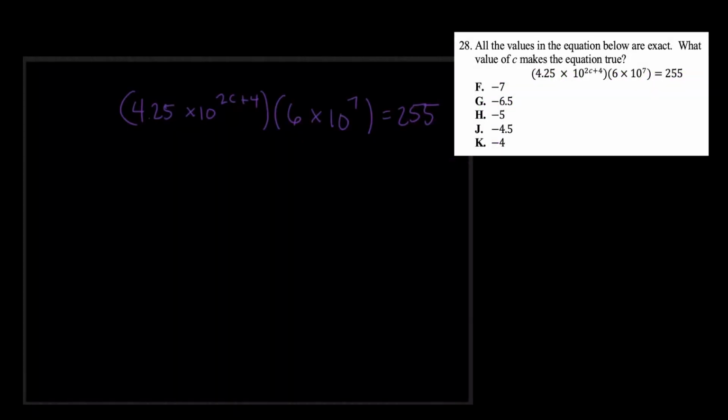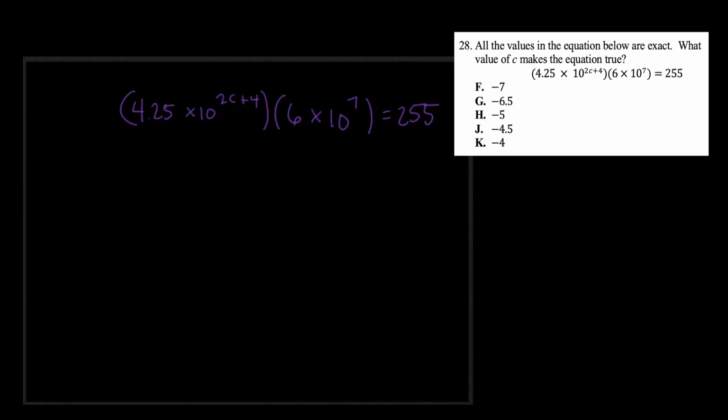This third problem involves some rules of exponents along with scientific notation. There are many approaches to solve this kind of problem, and I encourage you to use whatever works for you. I'm going to show you a way that's basically sticking with good old school scientific notation, and we're going to be able to compare sort of apples to apples on each side of the equation, and we're going to be able to do some canceling as well.